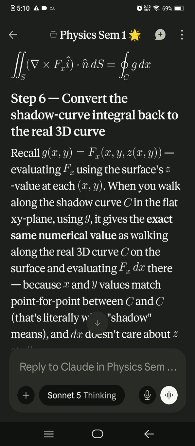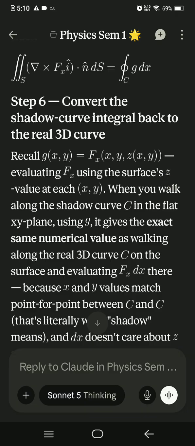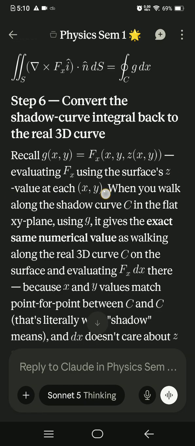Recall this, evaluating fx using the surface z value at each xy.